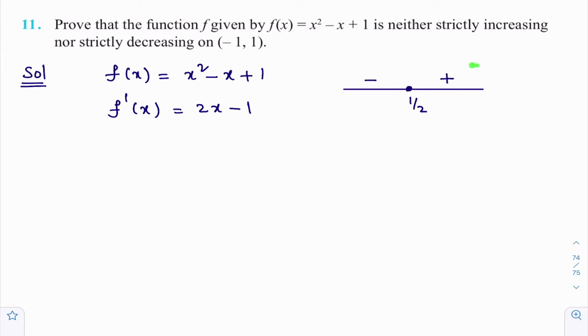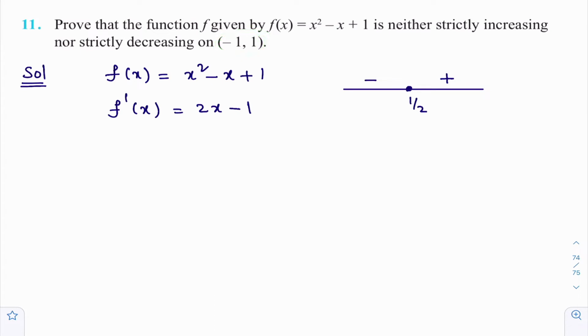Now this tells you that whatever x value you take which is greater than 1 by 2, this expression is positive. Whatever real x value you take that is less than 1 by 2, in those real numbers this f dash of x is negative. Okay. So if you want you can check it.